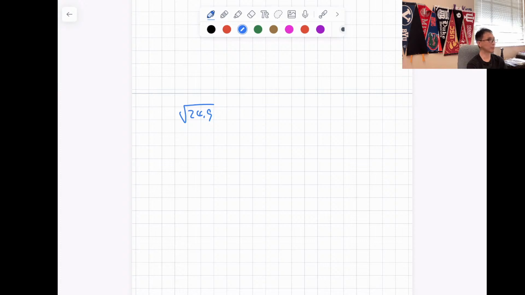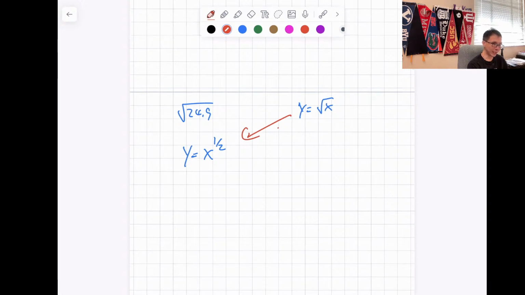Start out with Nathan. What's your idea? You can do a tangent line approximation, so you use root x. So you're going to say y equals x to the 1/2, right? Why root x? Because we try to approximate this, y equals square root x, so we can convert to this. Is that okay? And let's take the derivative.